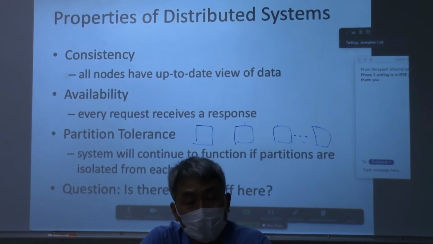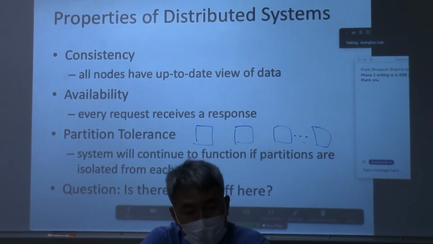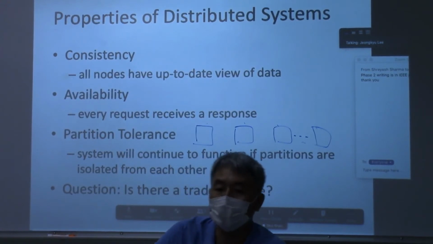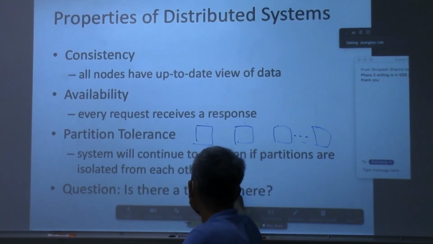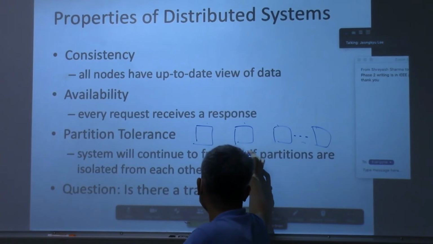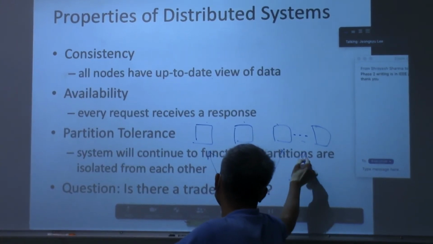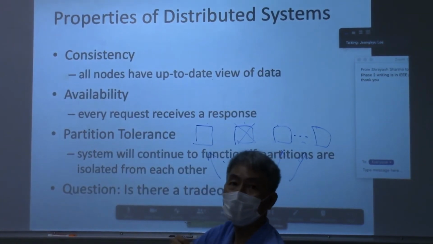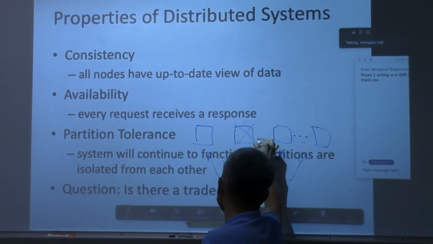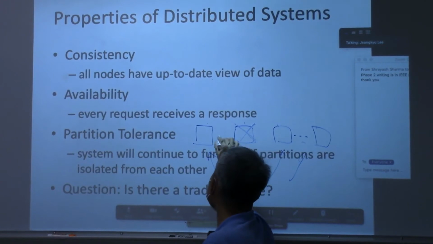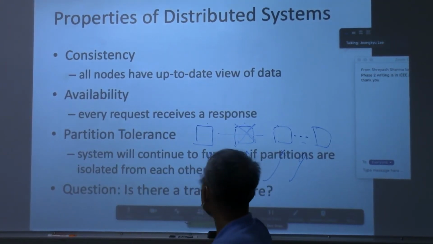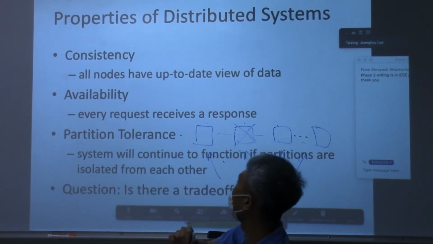Another expectation of the distributed system is availability. Whenever we request data, like reading the data, it should be available, even with partition tolerance, which means part of your distributed system is not accessible, or has some problem or failure, it should be okay.